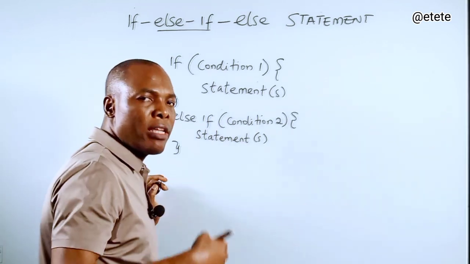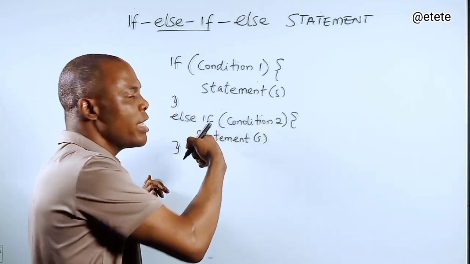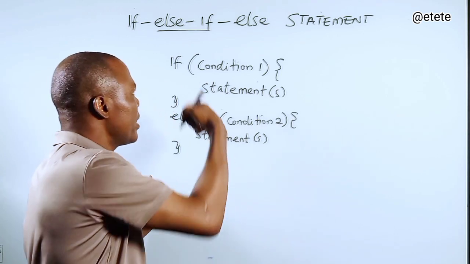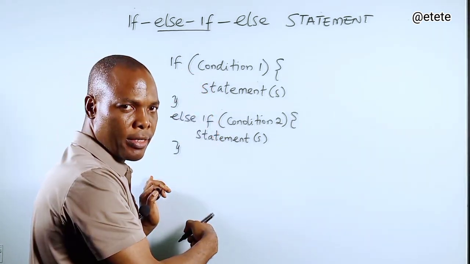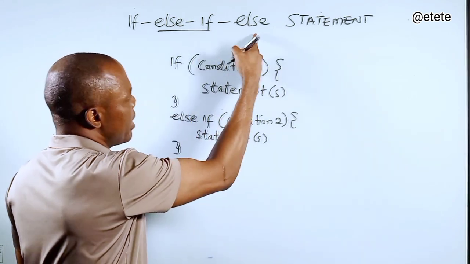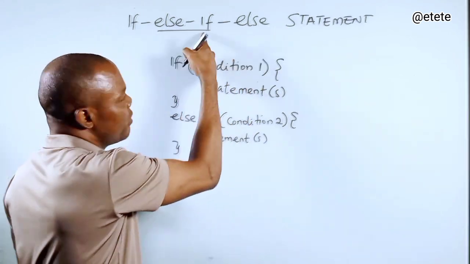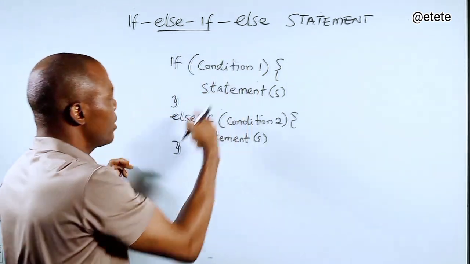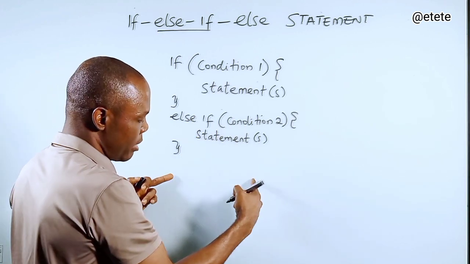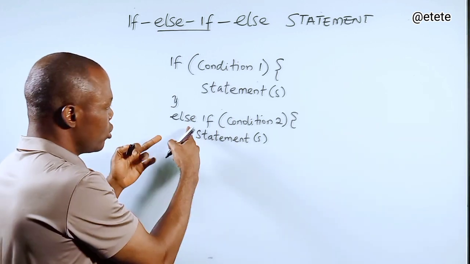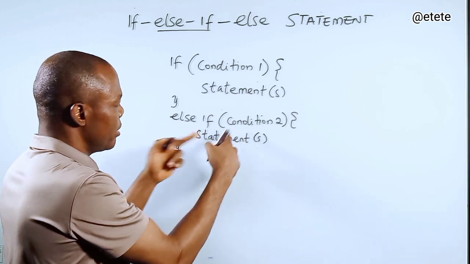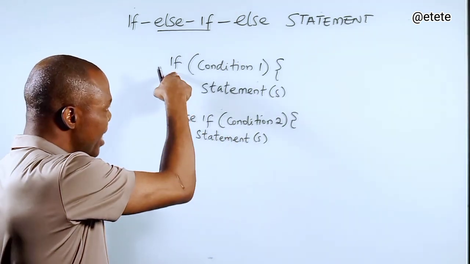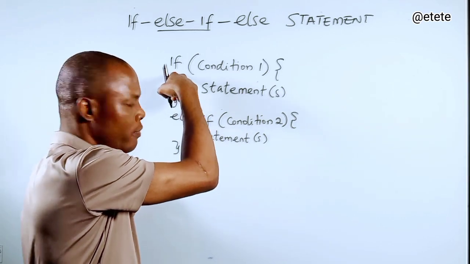Then if you want to have another else if, you can have as many else if as possible inside one if else. Right? So I can write another else if again, but for the sake of the board, I'm just going to leave it as one else if. Then I can now say the else, which is the companion of this if.